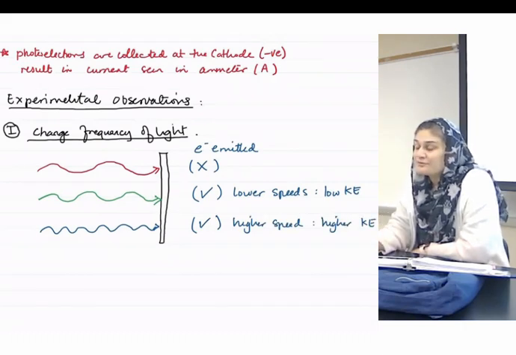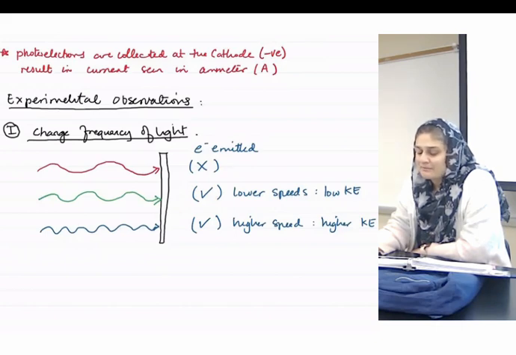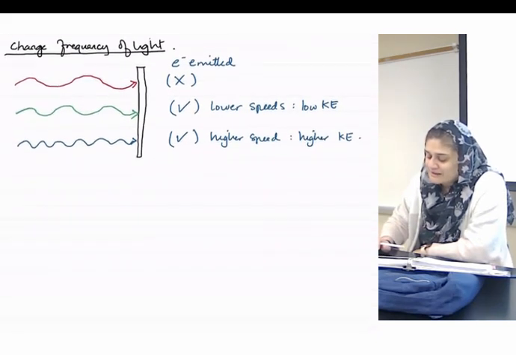So as frequency increased, that's what they observed. So now that the red is not emitting anything, they said, why don't we take all of these lights and increase their intensities? Okay, so I'm now going to take the red light.